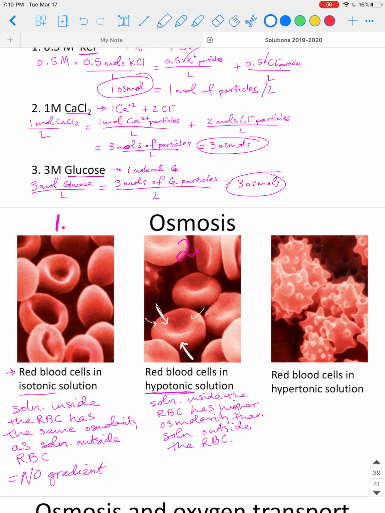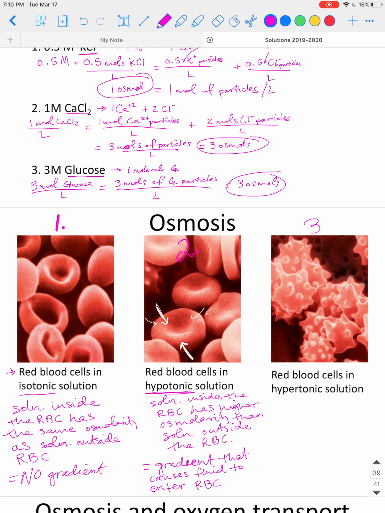So there's a gradient here that causes fluid to enter red blood cells in order to lower the osmolarity.